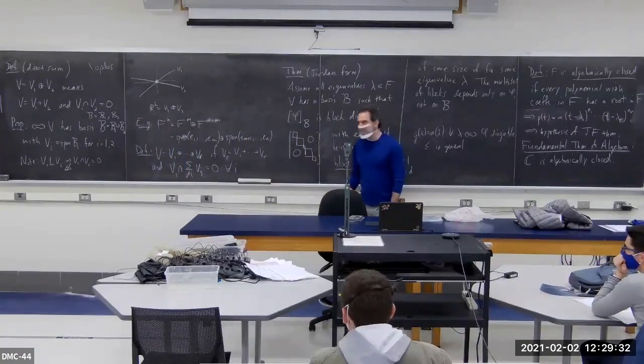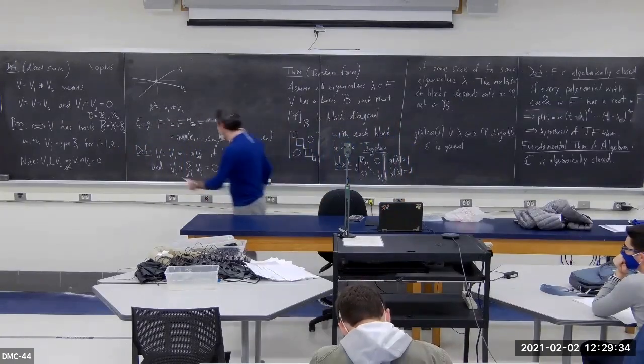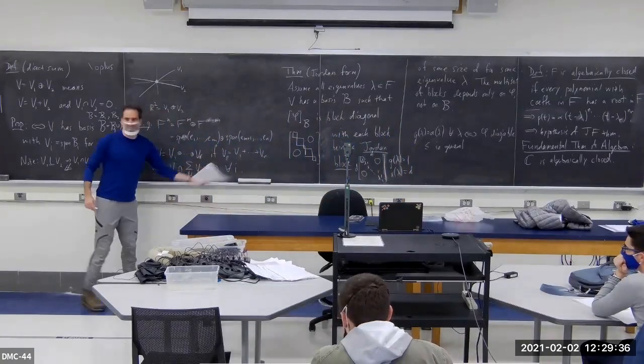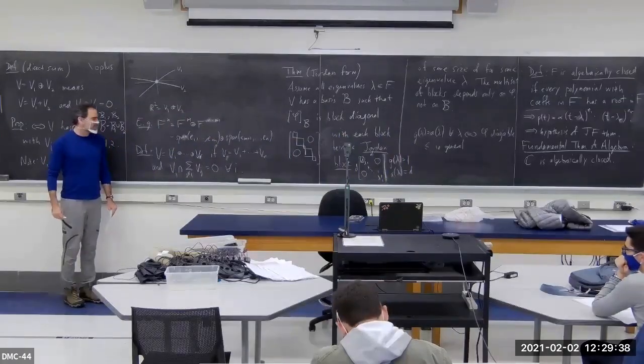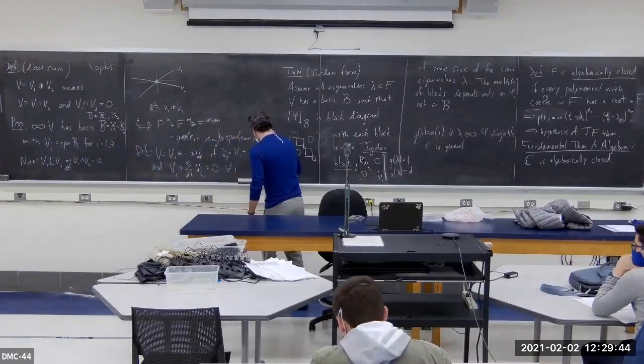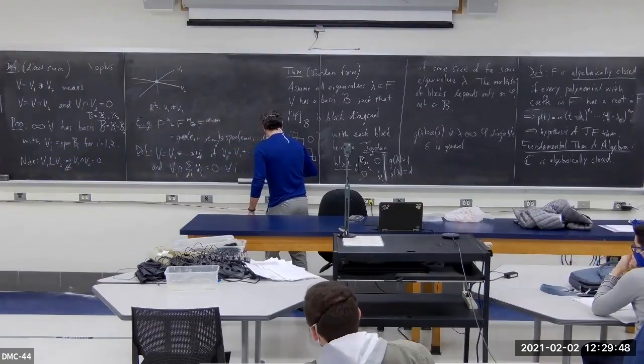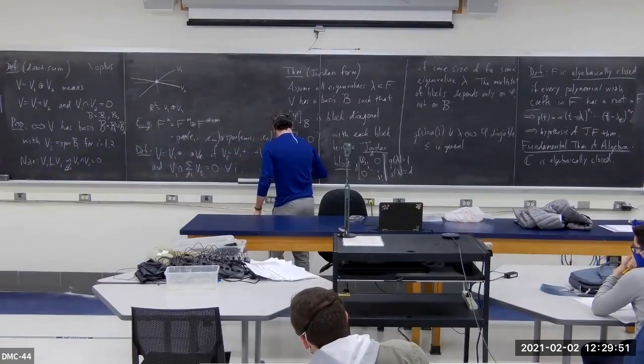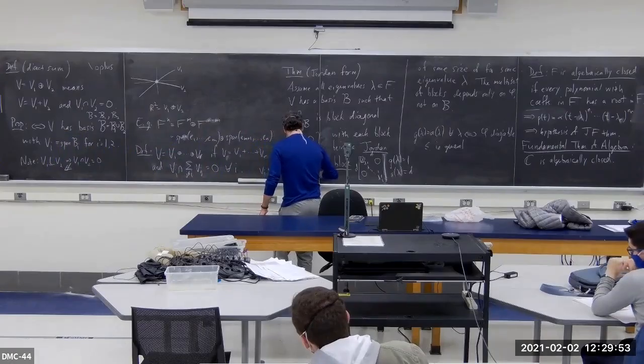So one way to say this would be that you want V to be the sum of all the Vi's, and you want the direct sum. So I could break this sum up as Vi, plus V1 plus through Vi minus 1 plus Vi plus 1 plus through VR.